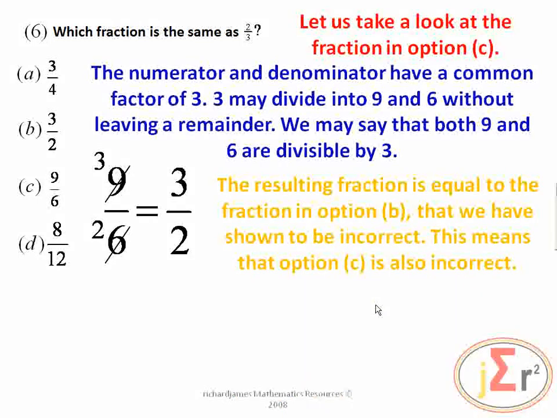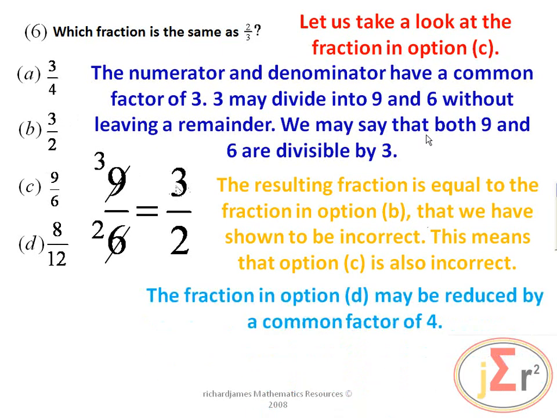The resulting fraction is equal to the fraction in option B. Do not forget that, when we reduce the fraction, we get the same result as in option B. And we said that the answer in option B is incorrect. Therefore, this one has to be incorrect also.